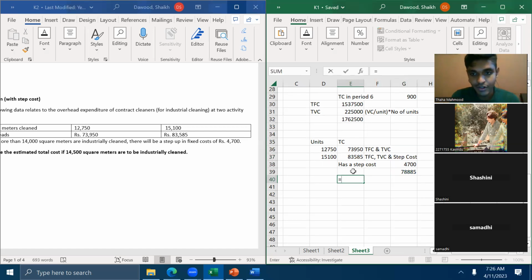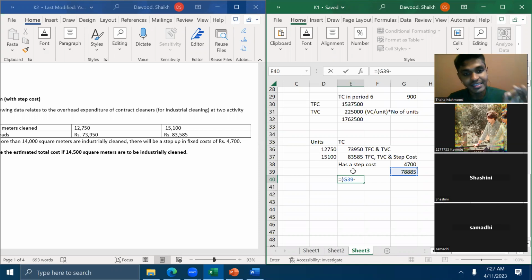In order to find the variable cost per unit, you have to take the cost at the highest activity level minus the cost at the lowest activity level. I'm stressing this because in our exam, let's say periods 3-4 information is given, they could ask you to pick any period to find the variable cost. That's why I'm stressing this.